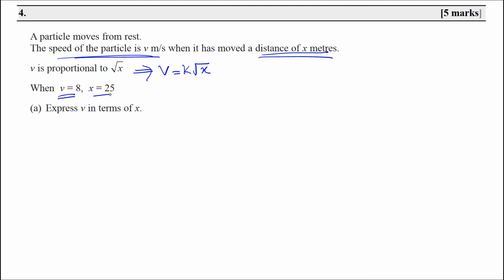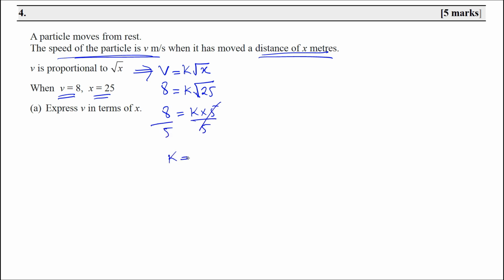Now we have these two conditions. So when v is equal to 8, x is equal to 25. So which means 8 is equal to k multiplied by 5. And you can just divide by 5 to solve for k.